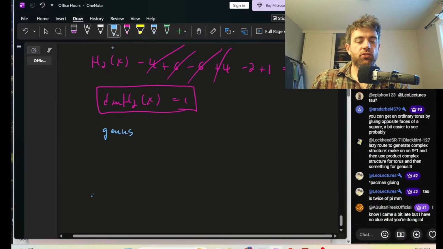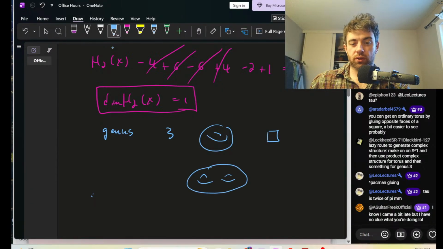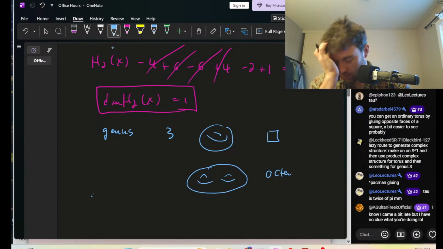By gluing opposite faces of a square, yeah. Oh yeah, I guess we could. Right, what's the way to do it? There's the folding. So what's the way to do it? Is the genus 3 surface... So a torus is a folded square. A double torus, you can give the instructions for gluing as a, what is it, an octagon? Is it an octagon?